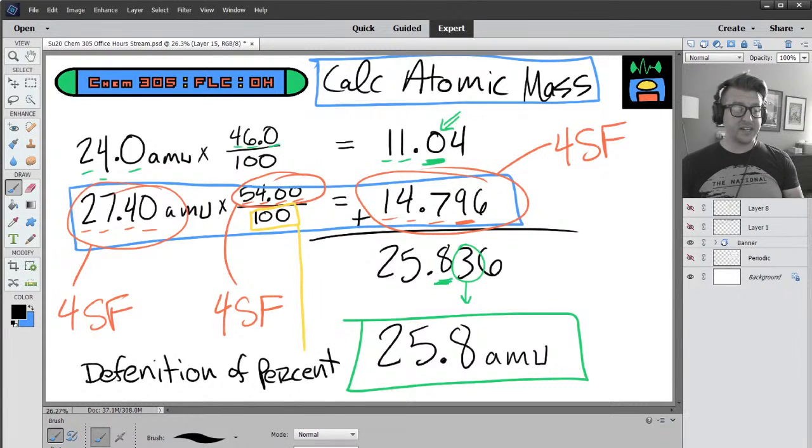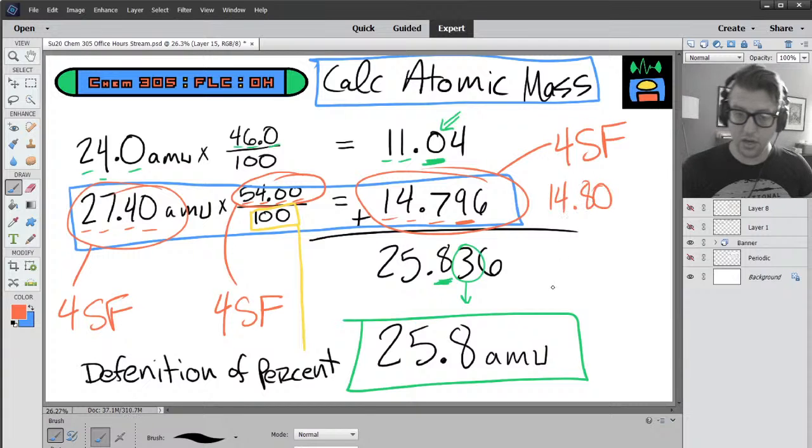So it doesn't affect the sig figs at all. Multiplying 27.40 by 54.00 gives you an answer with 4 sig figs. 14.796. If we were to round this, it would round to 14.80, if you were to round it right there.